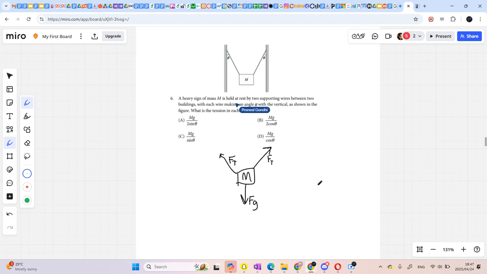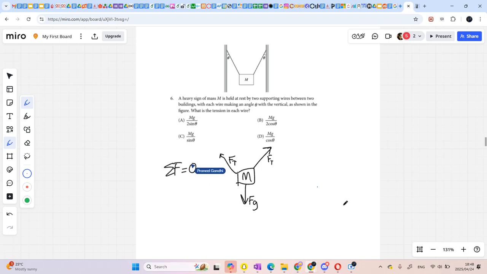So those two tension forces are equal to each other. Held at rest means that the net force on the mass is 0. So the sum of forces is 0.